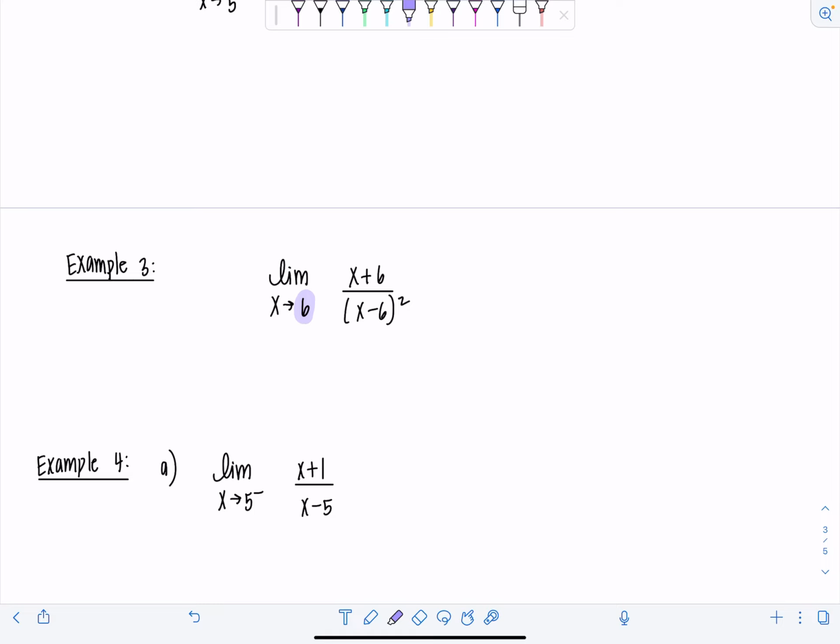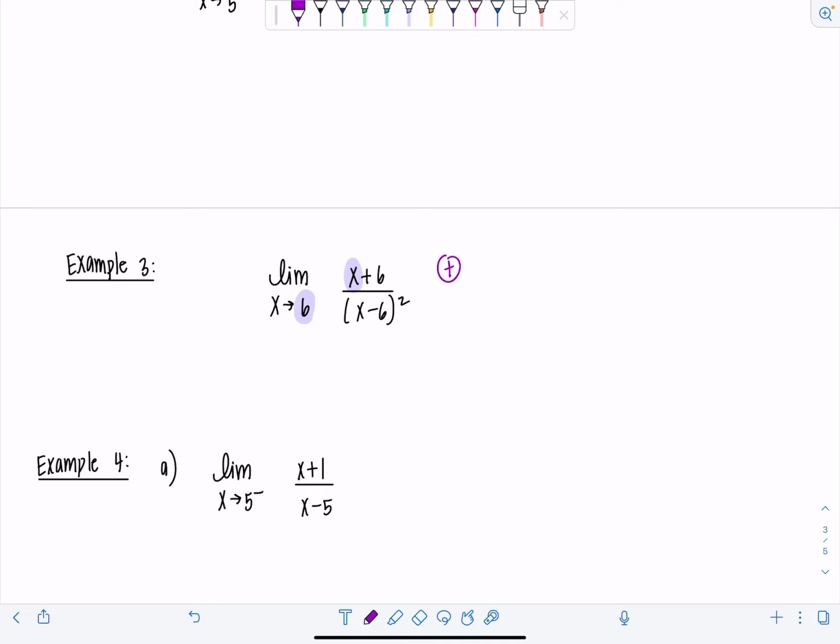As x approaches 6, let's see what's going on in the numerator. 6 plus 6, whether or not we're approaching from the left or the right, the numerator is going to be positive, right? Whether you approach from 5.9, 5.99, or 6.1, 6.01. Those are both positive. If I add 6 to it, we're still in the positive zone, okay?